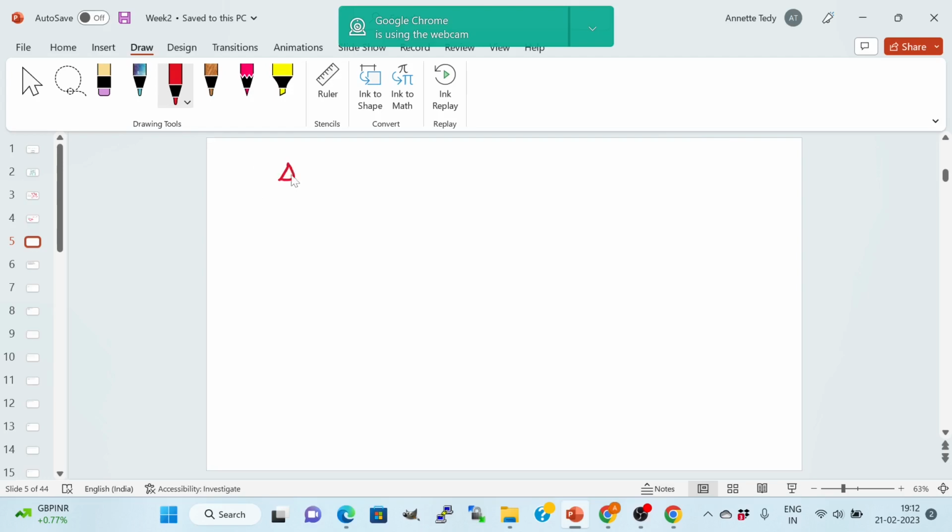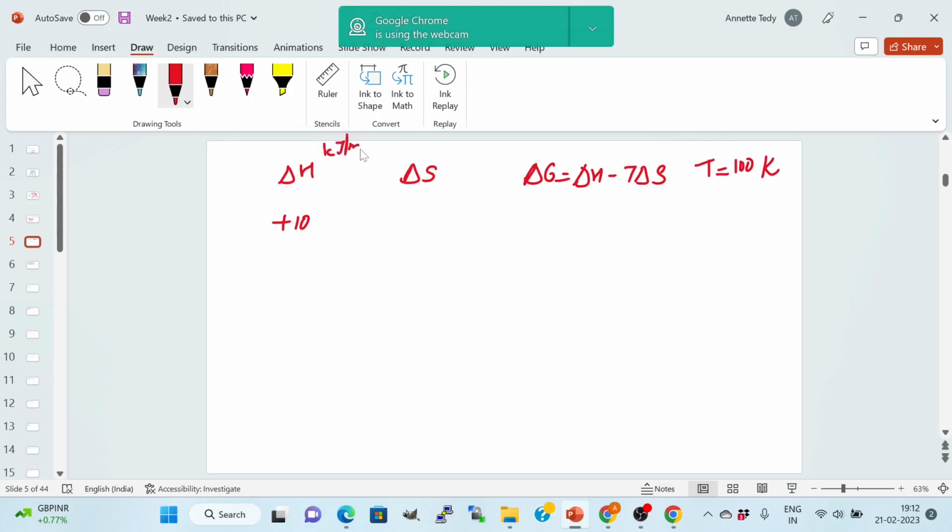Let me take delta H, delta S, delta G, which is equal to delta H minus T delta S. Let's say my delta H is 10, and for now we'll keep a constant temperature of 100 Kelvin, and this is in kilojoule per mole, this is in kilojoule per Kelvin.